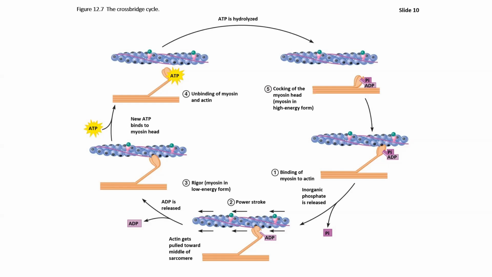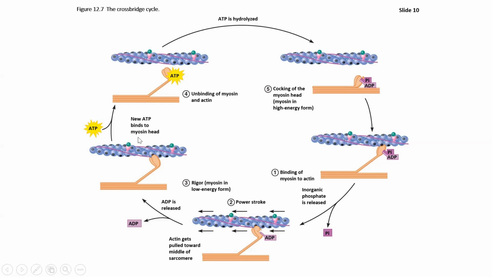And this process happens over and over again until that actin is brought to the center of the sarcomere, and that is when the muscle is fully contracted. So it doesn't just happen once, but it's happening again and again until we have full contraction or full shortening of the sarcomere.